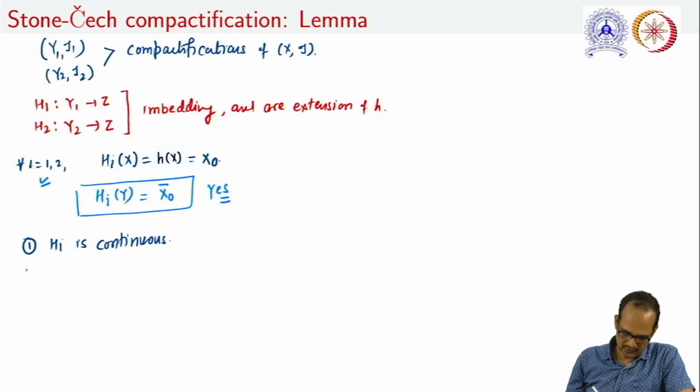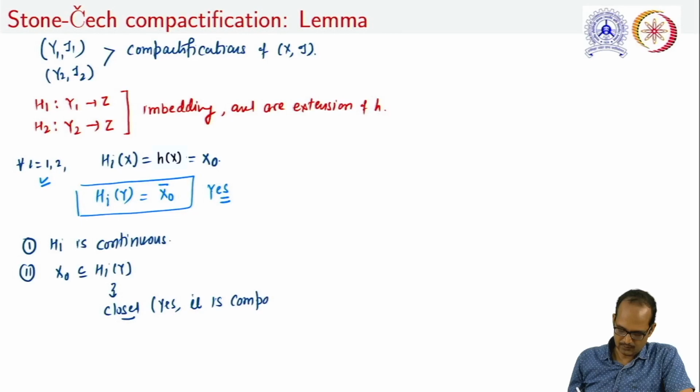It is to be noted that x naught is contained in Hi of Y. Is this Hi of Y closed? The answer is yes, because it is compact.